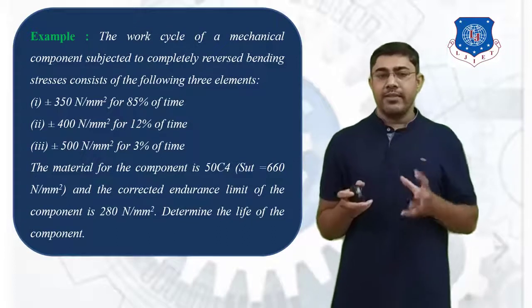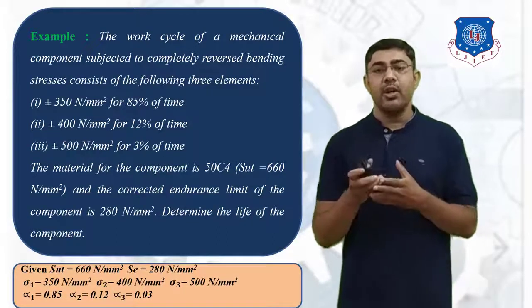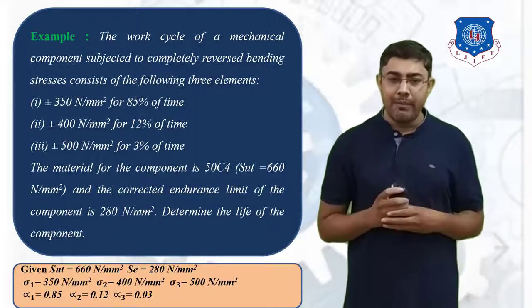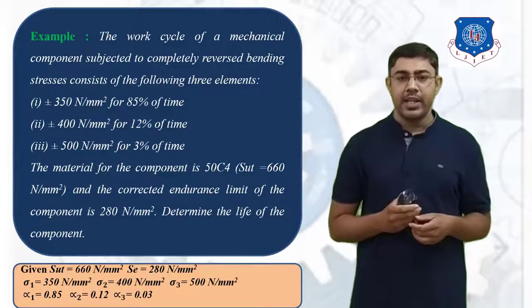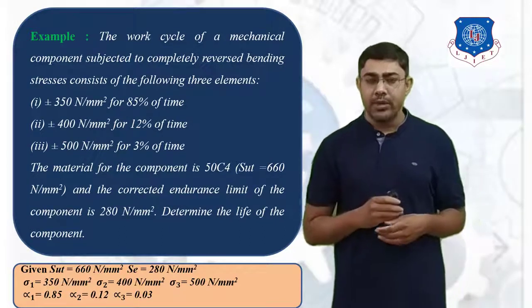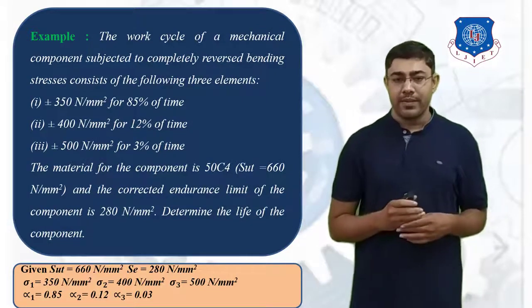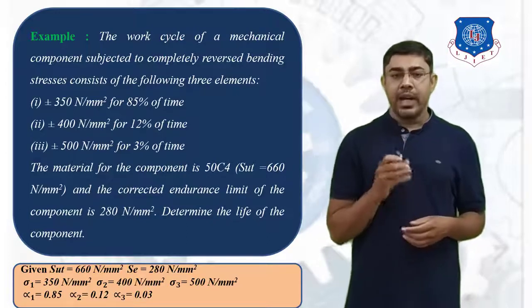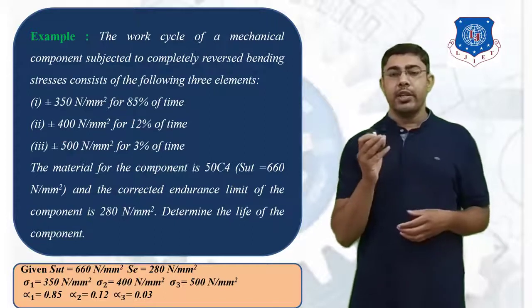First we collect the given data: Sut is 660 Newton per mm square, Se is 280 Newton per mm square, sigma 1 is 350, sigma 2 is 400, and sigma 3 is 500 Newton per mm square. The corresponding alpha 1 is 0.85, alpha 2 is 0.12, and alpha 3 is 0.03.